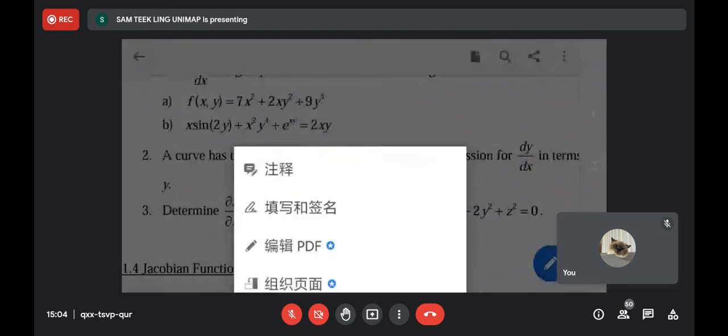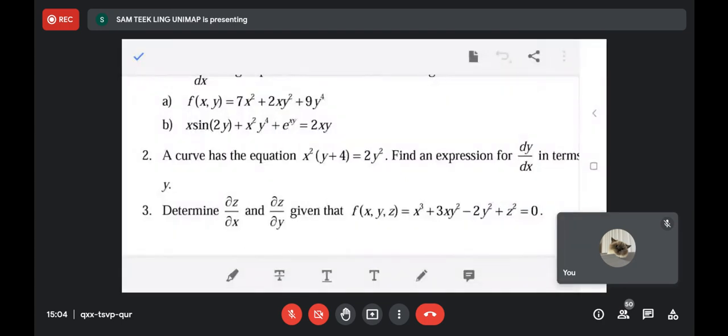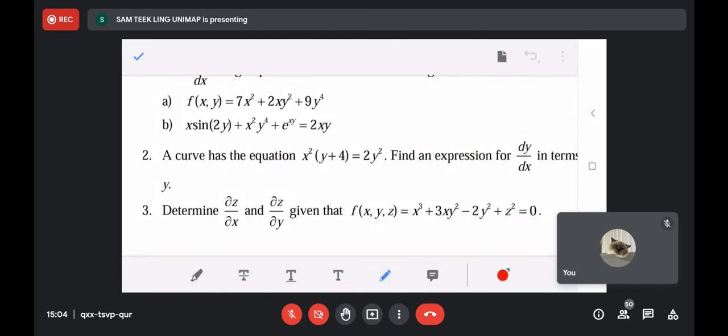For question 3, find del z del x and del z del y, given that now we have three variables. Our implicit function before has only two variables.